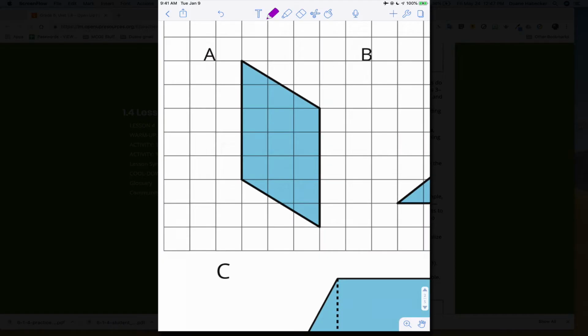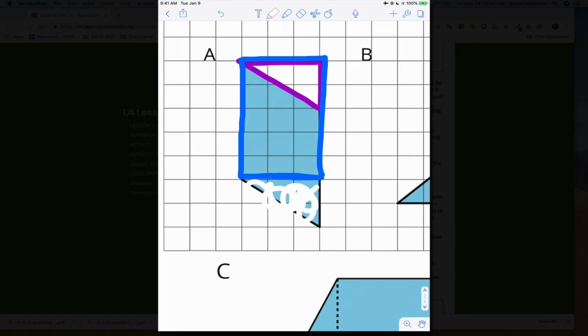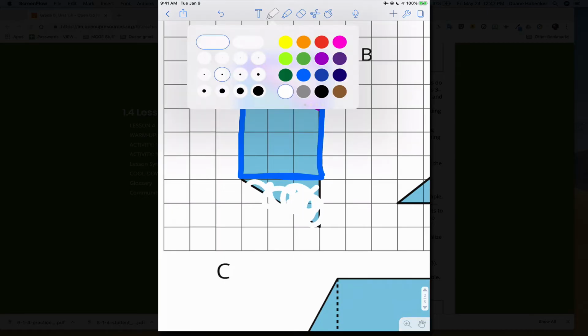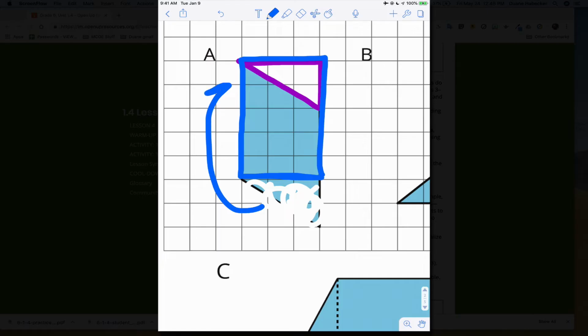On parallelogram A, I think most commonly, students are going to decompose this triangle and slide it up to create a brand new rectangle, 3 units wide, 1, 2, 3, 4, 5 units tall, because this piece is going to go away since it gets moved up to there.